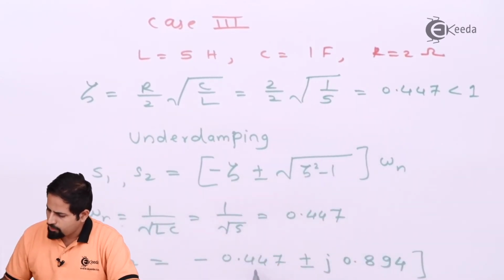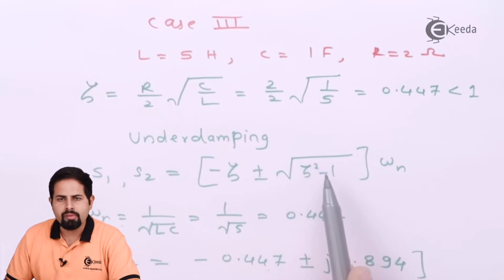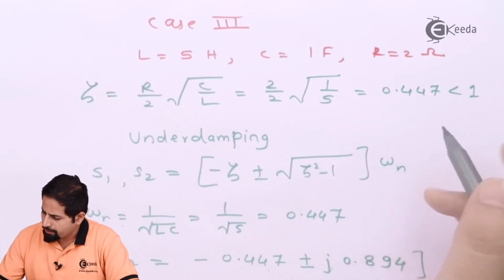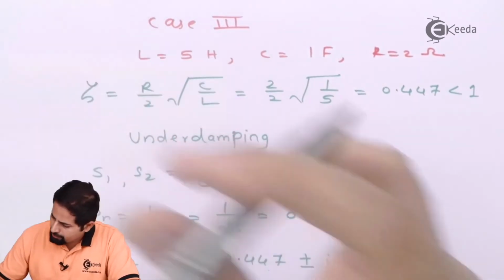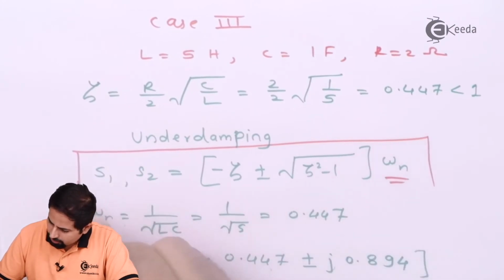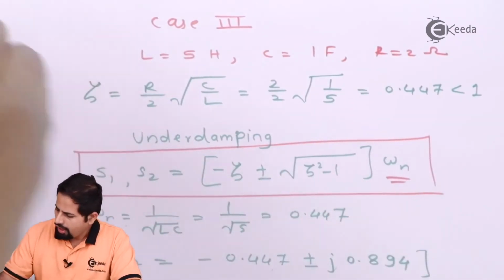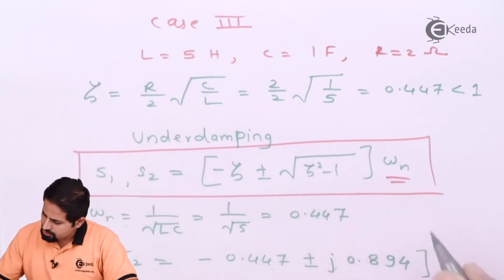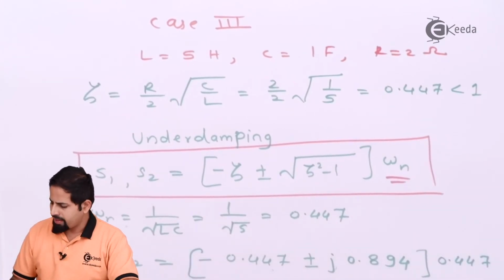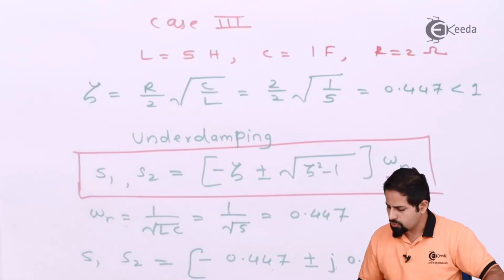So minus zeta value is what we have got, then plus minus, then this becomes an imaginary number, so j into 0.894 multiplied by omega n. This is the root formula. And this omega n also is 0.447. So when we multiply it inside, that is almost 0.2.